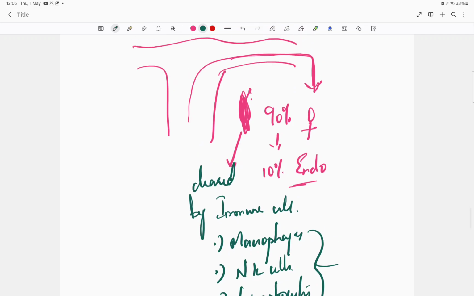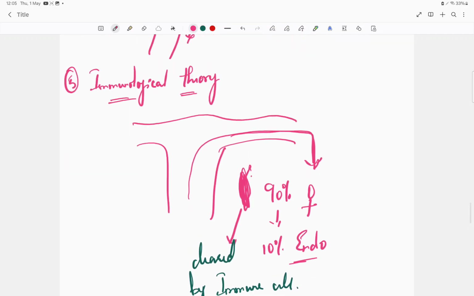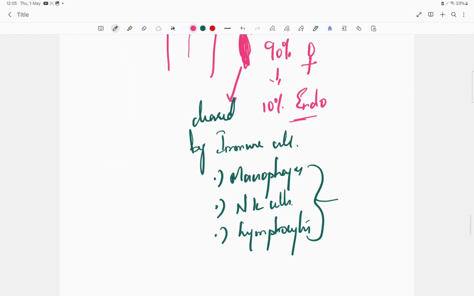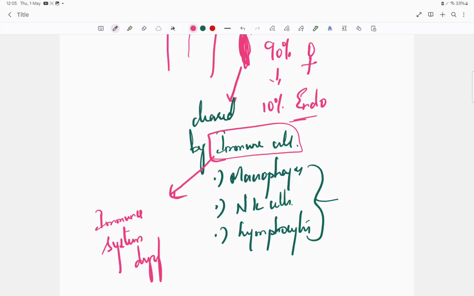So now you can tell what this immunological theory is. For females whose immune system is not functional, or is dysfunctional, they will end up having endometriosis. Okay, so this is the immunological theory.